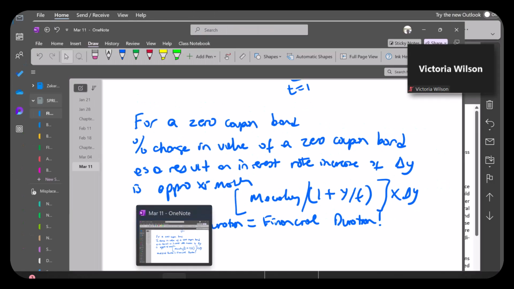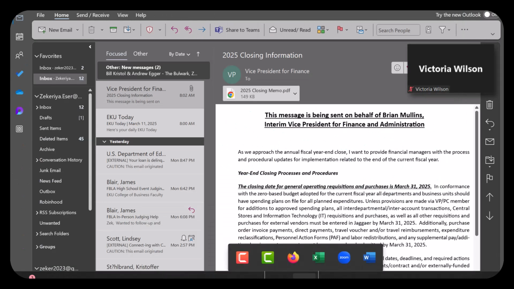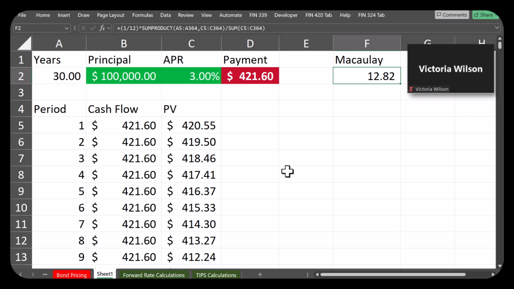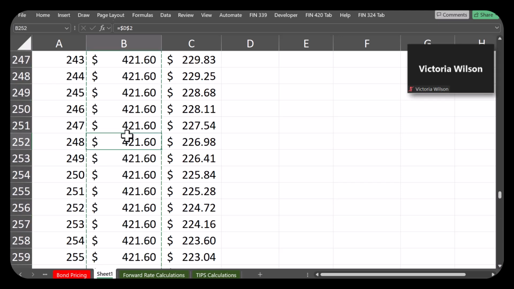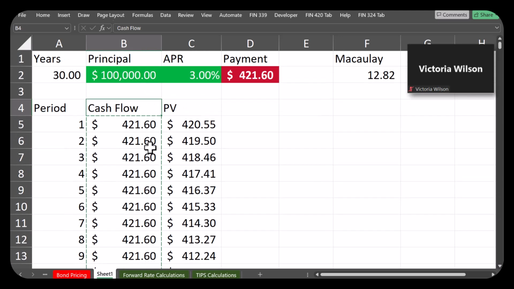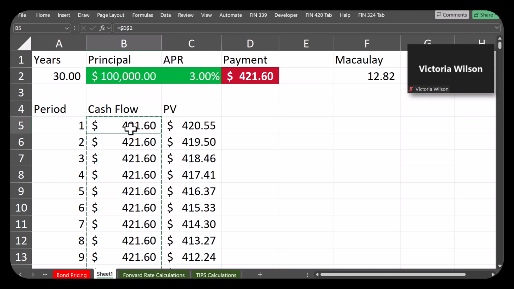Here's what that means. I mean, this APR right now I'm using for discount, so let me make these payments fixed. Current value right now, sum of the present values, right?